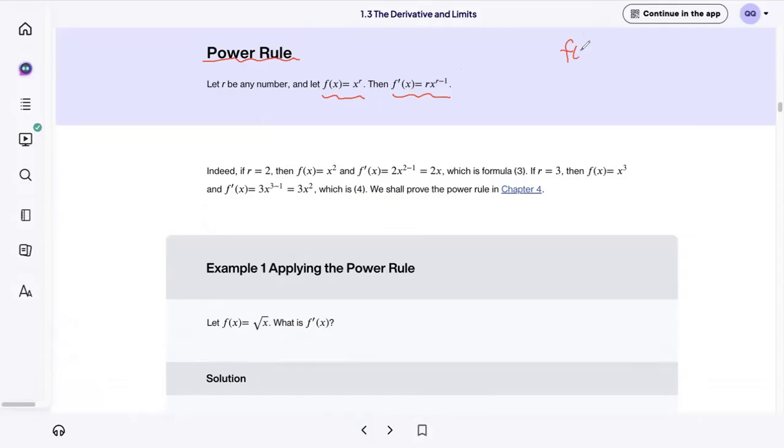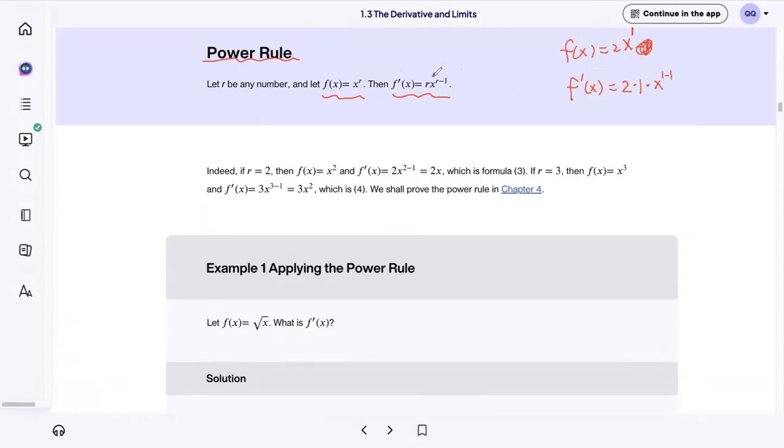Let's see f of x equals 2x minus 1, right? So according to this rule, let's forget about this negative 1 for now. So the derivative equals 2 multiplied by, well, this is x raised to 1, right? 2 times 1 times x raised to 1 minus 1.